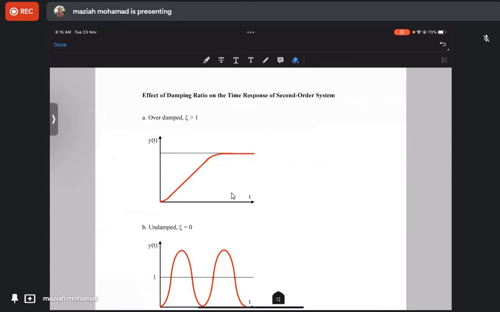Later we will see in an equation for each parameter that we're going to calculate. But for the damping ratio, there will be a direct effect on the behavior of the system.